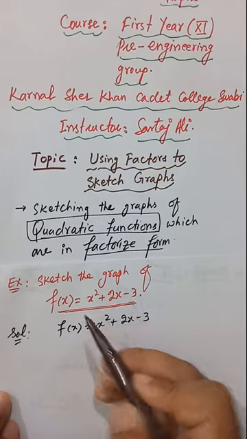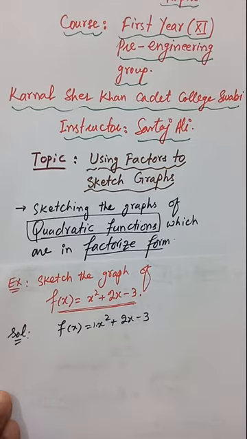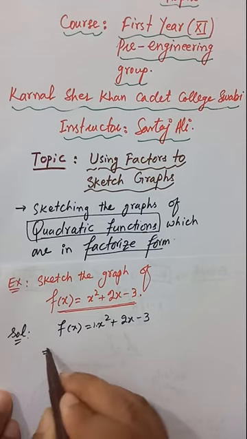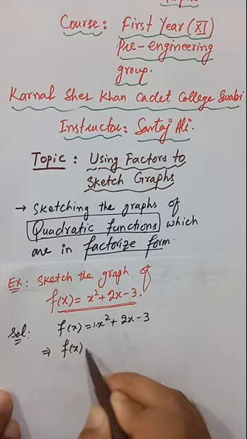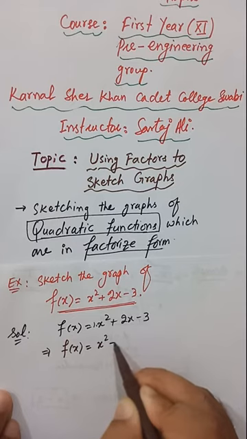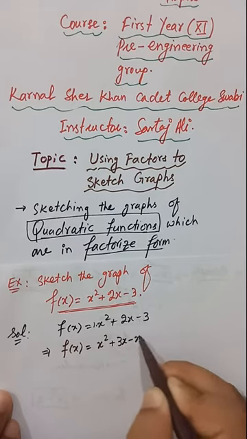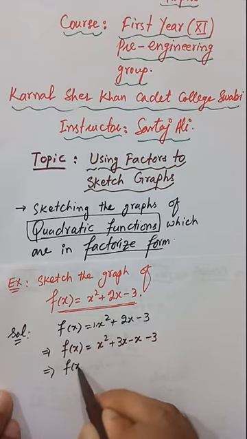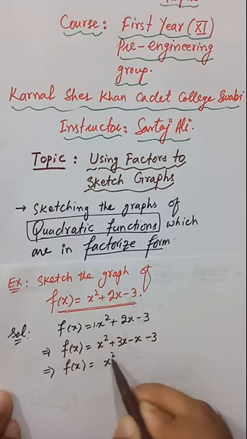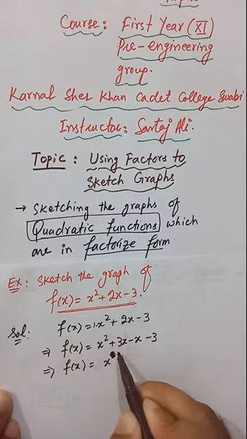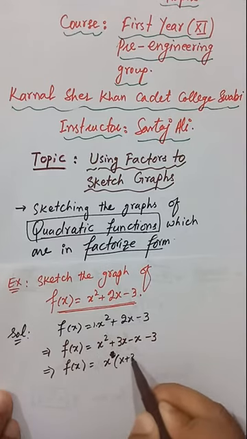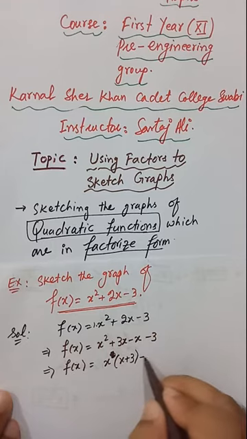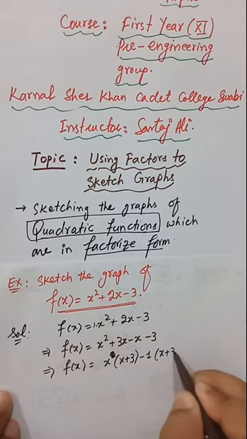Okay, this is good. So this can be written as f(x) is equal to x square plus 3x minus x minus 3. So f of x is equal to, I am taking x common from the first two terms, so x plus 3 will remain, and from the last two terms minus 1, so this is x plus 3.